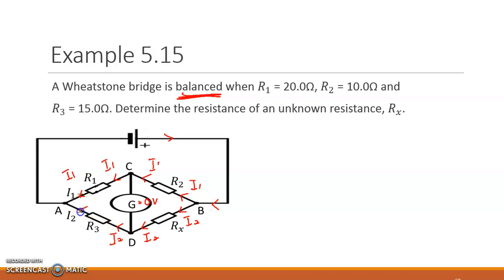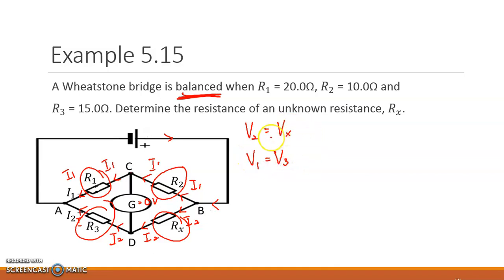Since the bridge is balanced, there will be no current flowing through this wire. So the potential difference from here to here is equal to 0. So we can also say that the potential difference at R2 is equal to the potential difference at Rx, that is Vx. The potential difference at R1 is equal to the potential difference at R3.